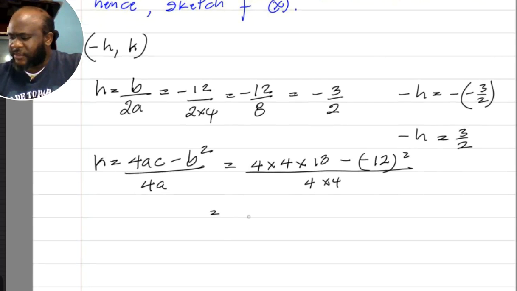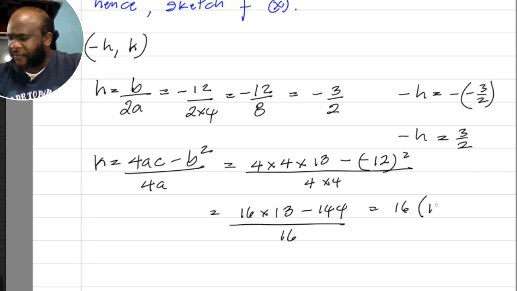So this becomes 16 times 13 minus 144 over 16. 16 is common, we have 16, and inside we'd have 13 minus 9 all over 16. 16 cancel. This comes out to be what?